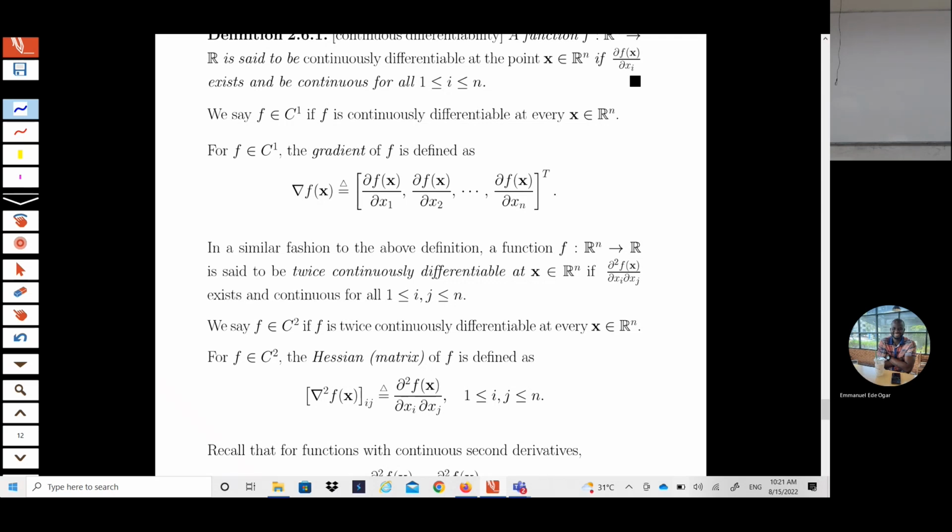So what is the consequence if the function f is twice continuously differentiable? We find that the Hessian matrix, or the second derivative matrix, defined in this form exists.